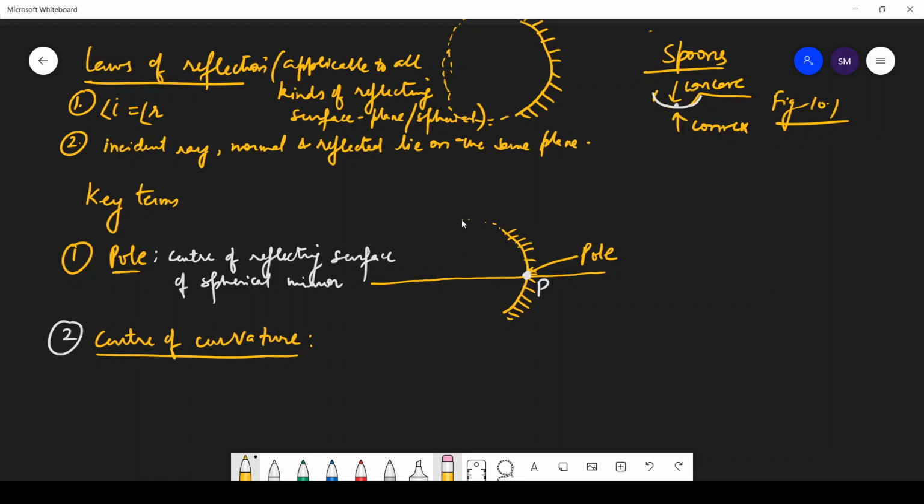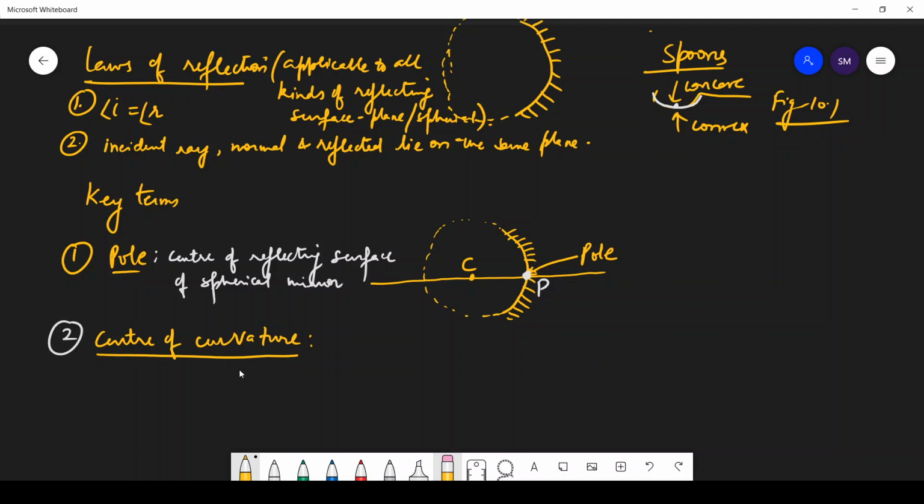So if you complete this sphere, then the center of the sphere is your center of curvature. The name itself is telling you: center of the curve. So complete the sphere and then the center of that sphere is the center of curvature.